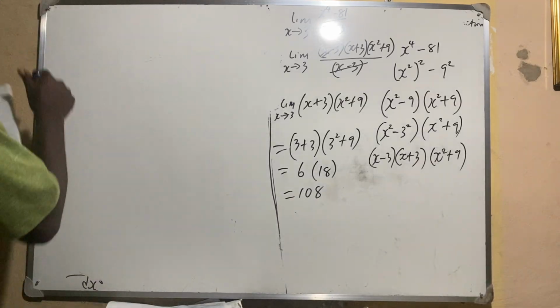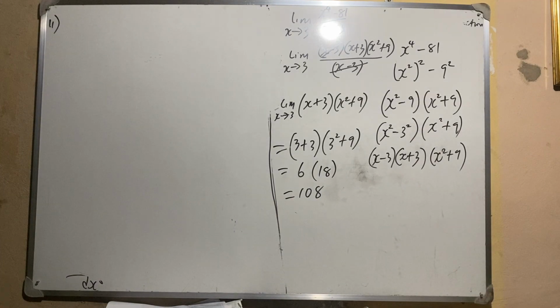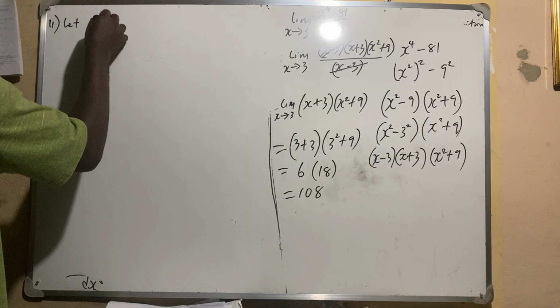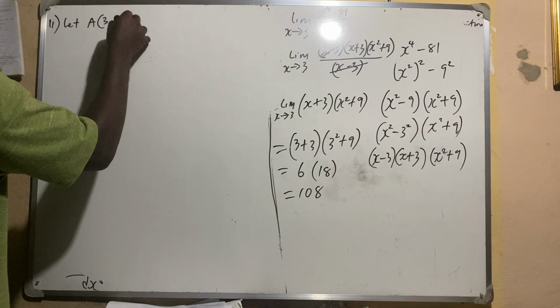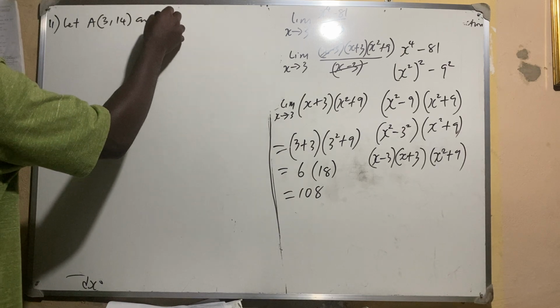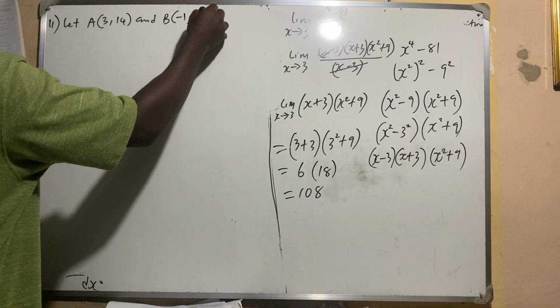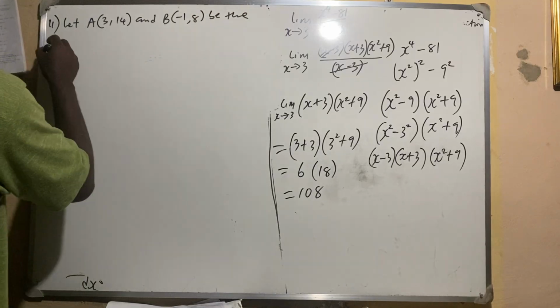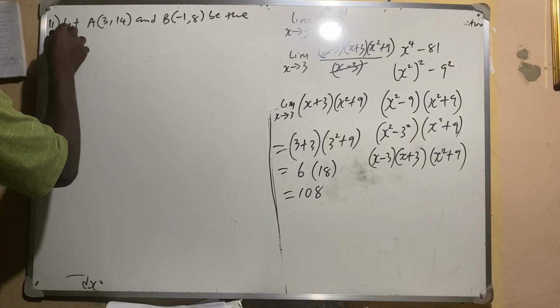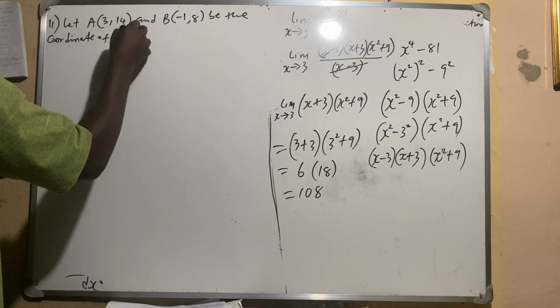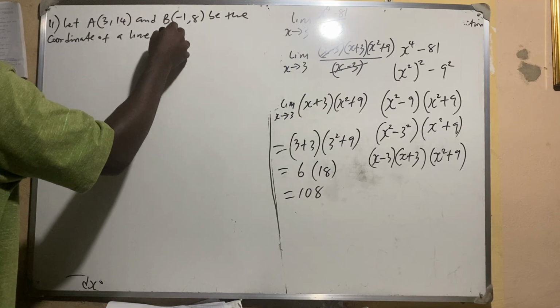So question number 11. Question number 11 says: let A be the point (3, 14) and B be the point (-1, 8), the coordinates of a line AB.